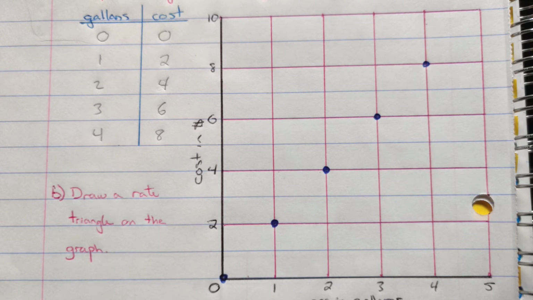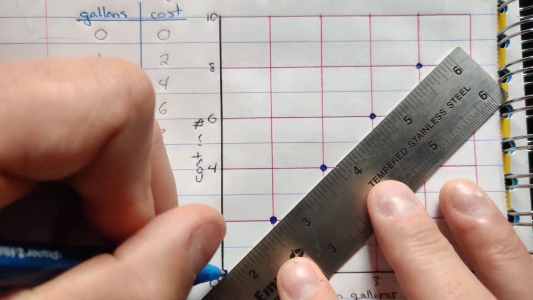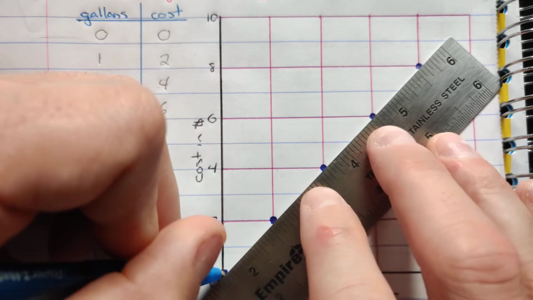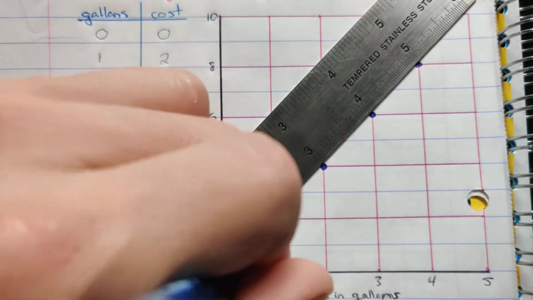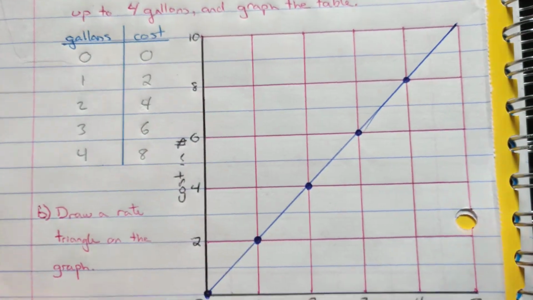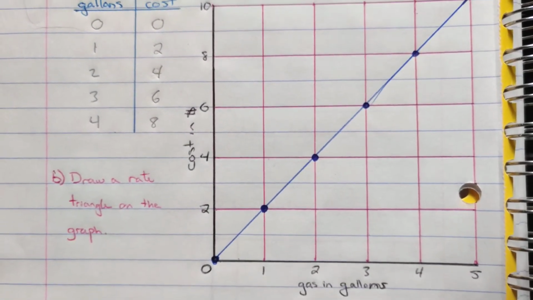If you ever watch the gas at the pumps tick up, you see the fractional portions of gas. So in this case, it does make sense to connect the dots. I'm going to put my ruler this way and connect the dots. So there's the graph with the full line.